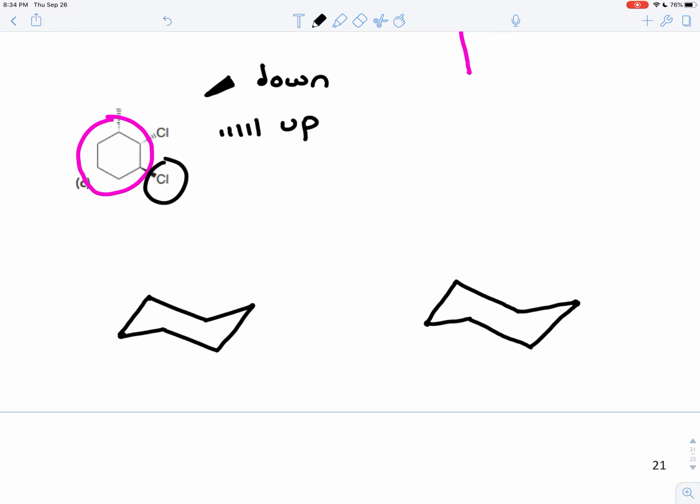Okay. Now, let's create one cyclohexane ring, one possibility. Let's say this chlorine is axial. So down axial, where would that be? Well, remember our footings. The side that points up, that has axial going up. The side that points down, that has axial going down.